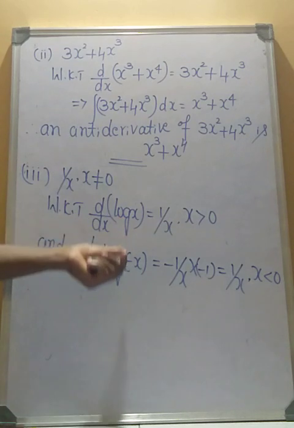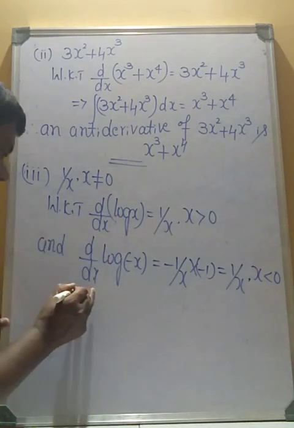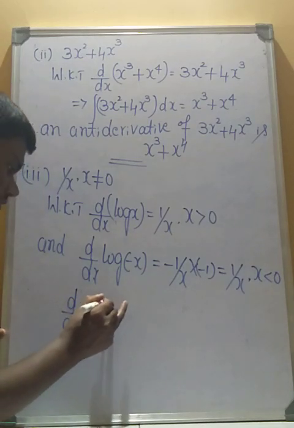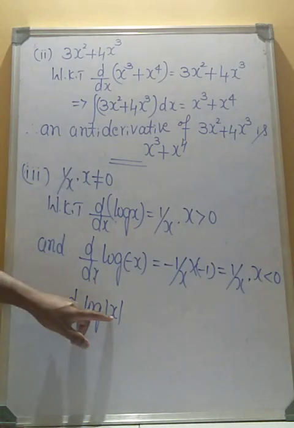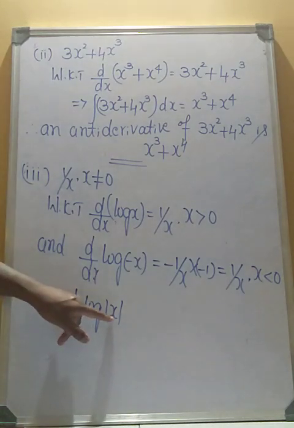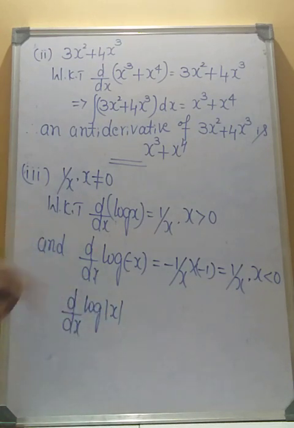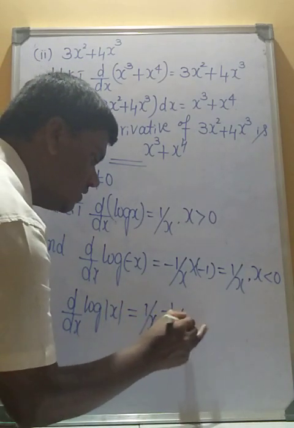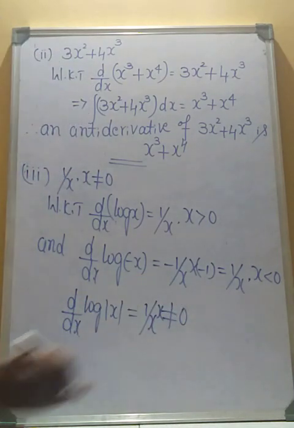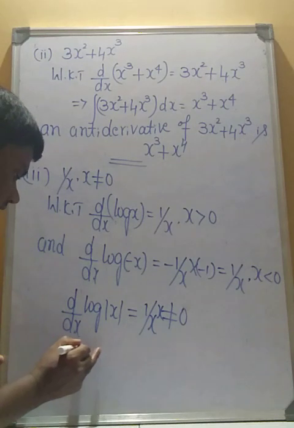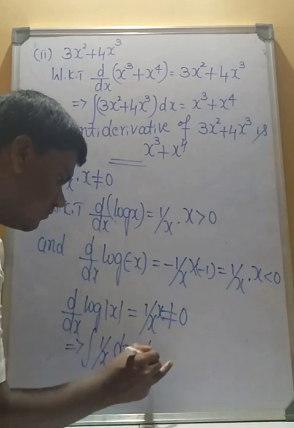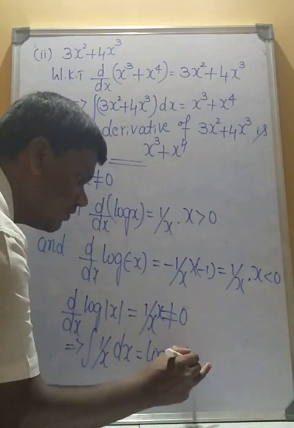Combining the above results, we get d by dx of log of mod x, where x is positive and also negative, x greater than 0 and also less than 0, mod x meaning plus or minus x, equals 1 by x, x not equal to 0. This implies the integral of 1 by x dx is equal to log of mod x.